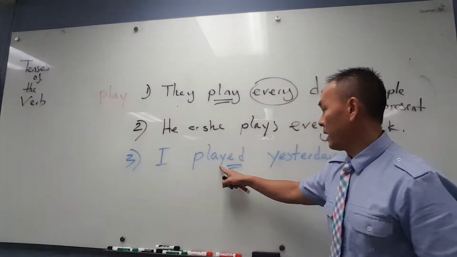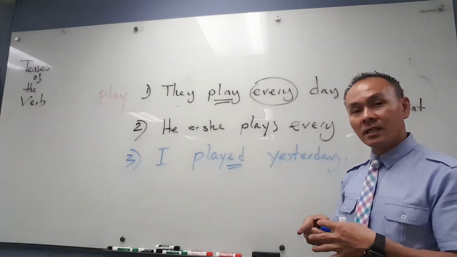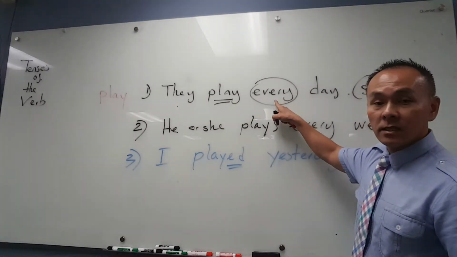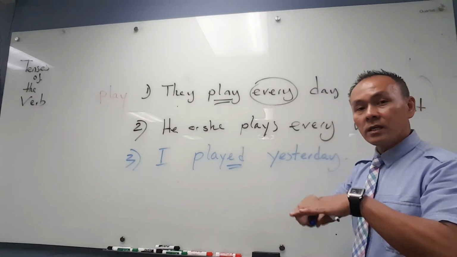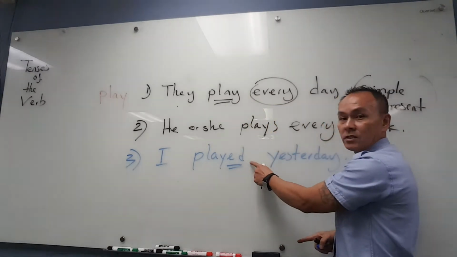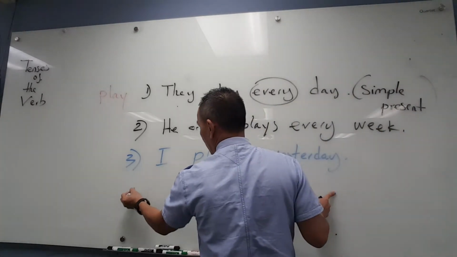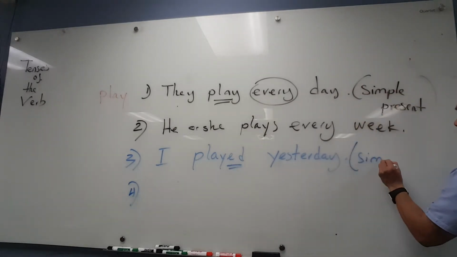I played yesterday. This is an activity that happened yesterday. It's the same thing as an activity that happened every day of the week, every day of the month. So you have simple present, so you're going to have simple past. Okay? Now, so this is called played. This is called simple past.